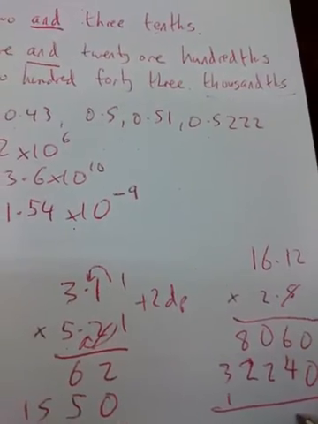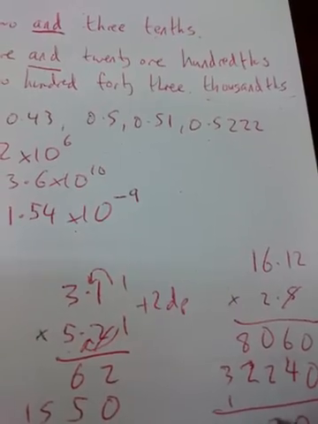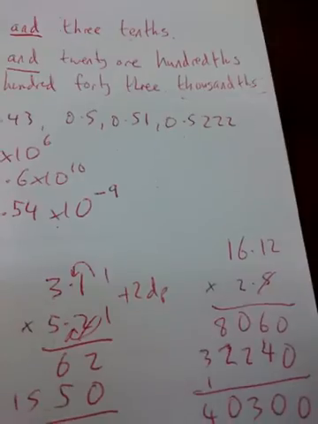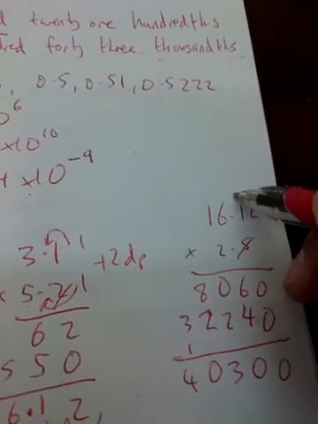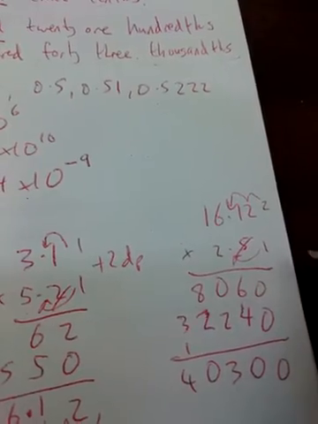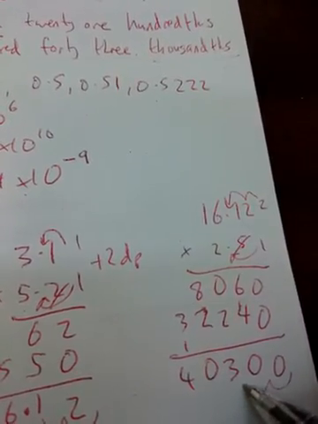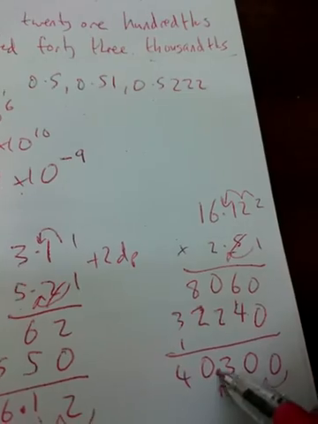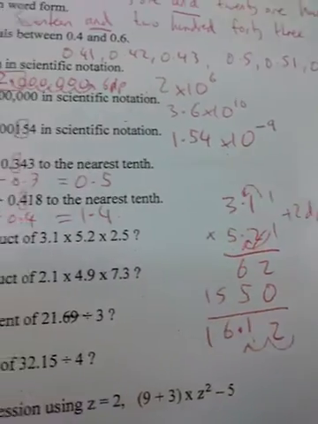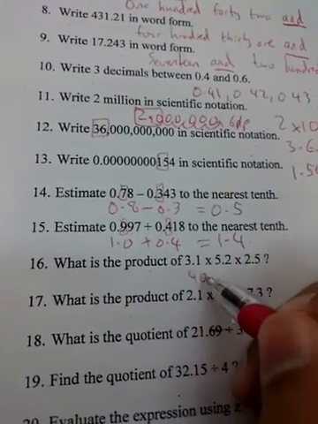Let's add the numbers. And how many decimal places do we have in total? 1, 2, 1. So we have 2 decimal places there and 1 decimal place there. So we have a total of 3 decimal places. So the answer is 40.300. And we'll write that here, 40.3.